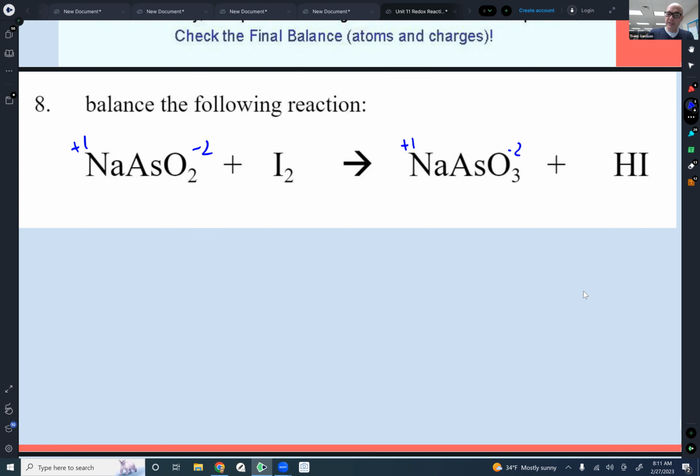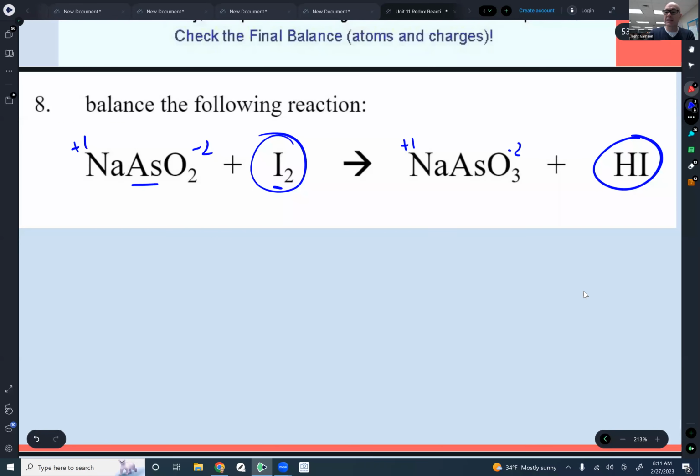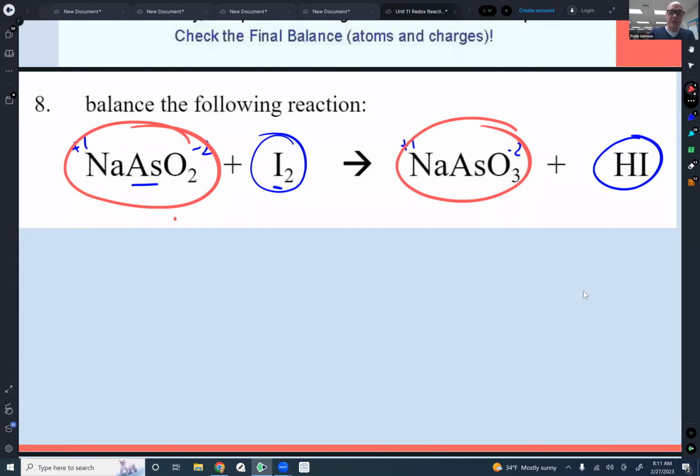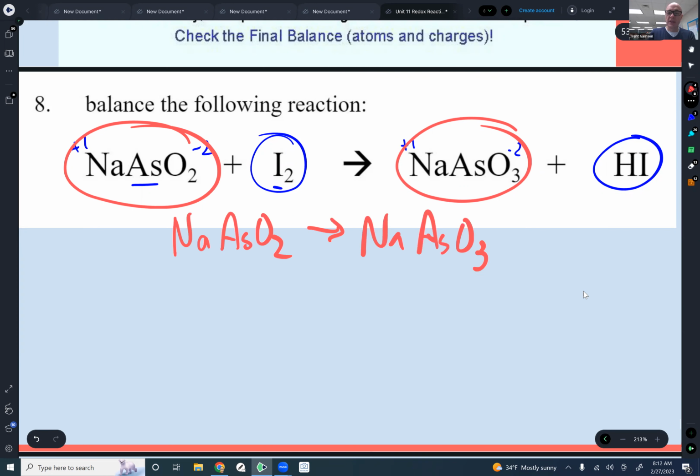Therefore, the only two elements that are left are the As and the I. So this is where we are going to split our half reactions. We're going to take these two materials and split them up. So I'm going to write this in two different ways. NaAsO2 producing NaAsO3. Then my second half reaction will be I2 produces HI.